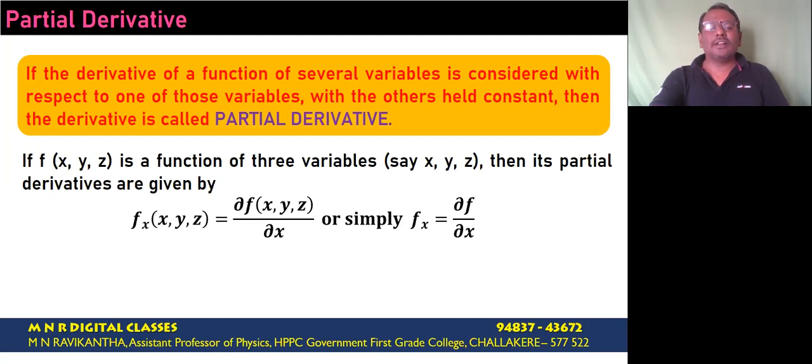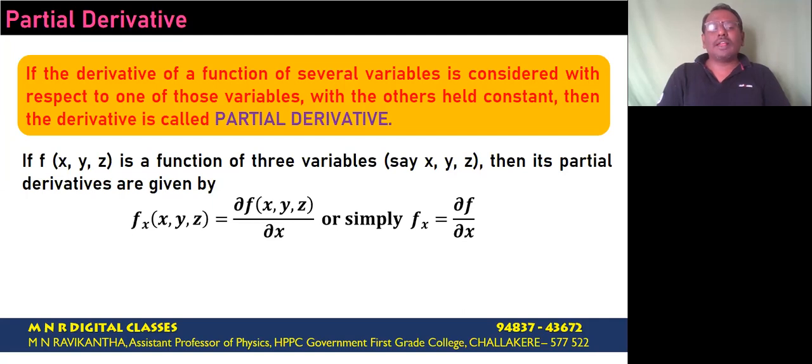So the partial derivative can be defined as the spatial derivative of any point function with respect to one variable while the remaining variables on which it is supposed to depend are kept constant. Now let us understand this statement mathematically.